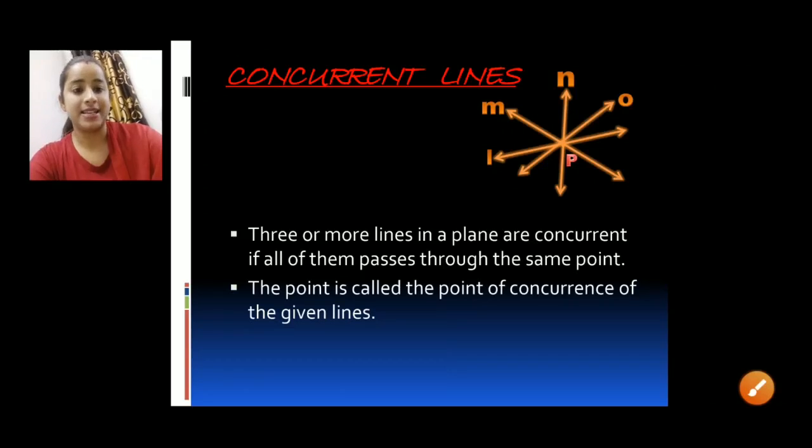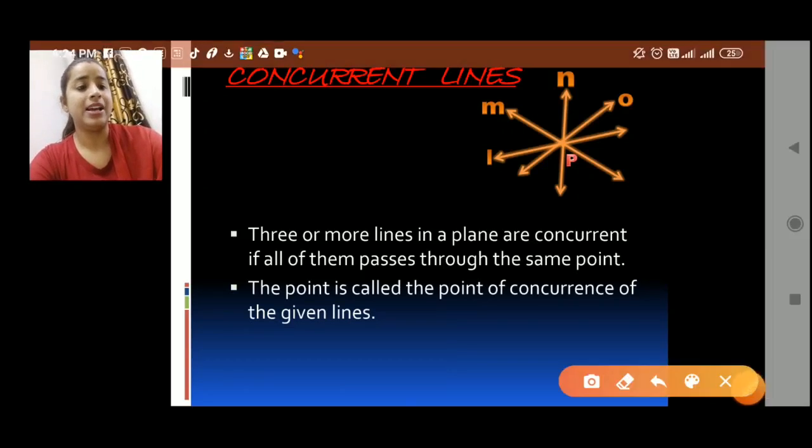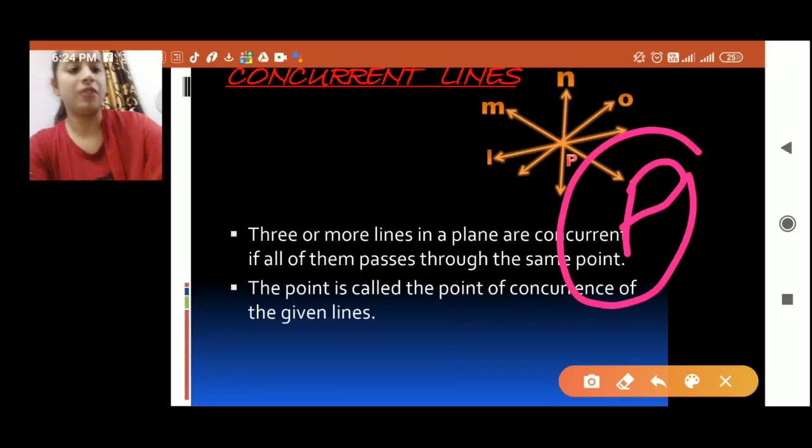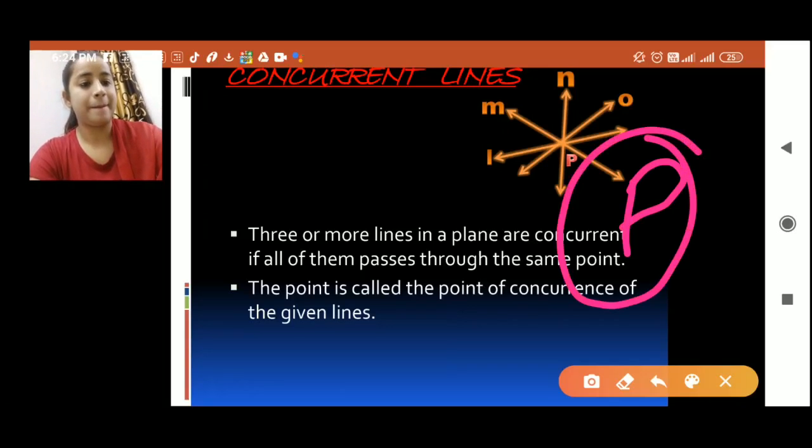The point is called the point of concurrence of the given lines. Here the point P is the point of concurrence.